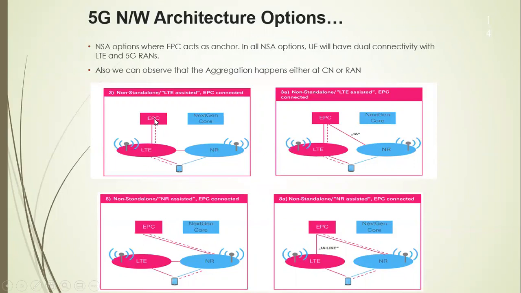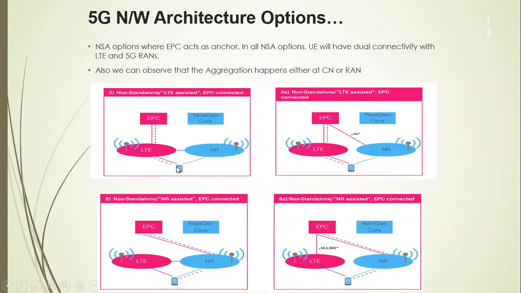The same old EPC core network will be used, and the LTE E node B will be present, and the NR G node B will be present. The EPC core will communicate with the LTE E node B only, and the LTE E node B will have an interface with the NR G node B using the X interface.